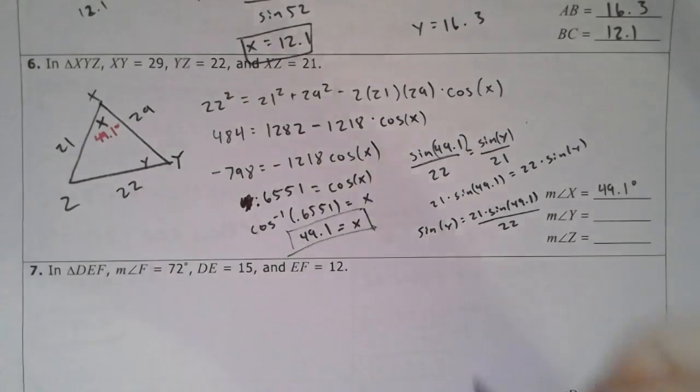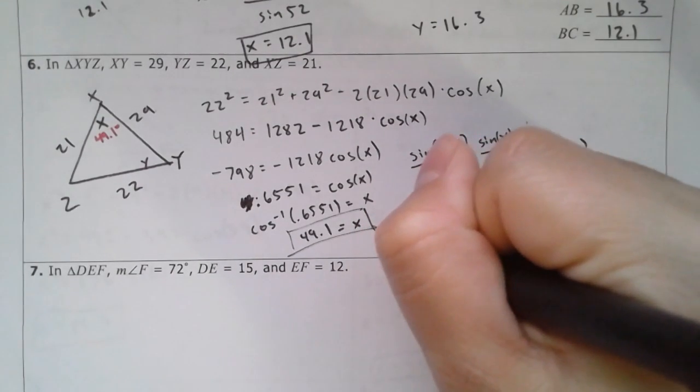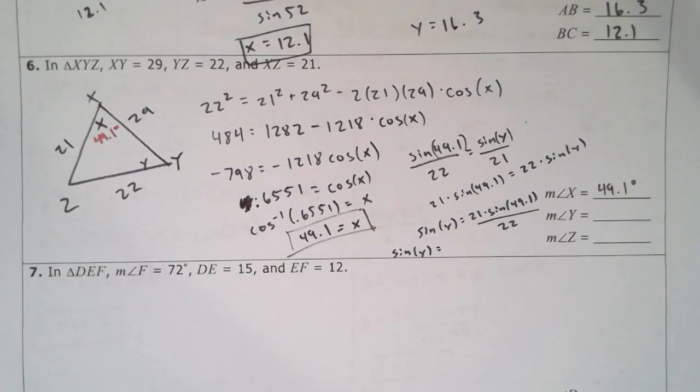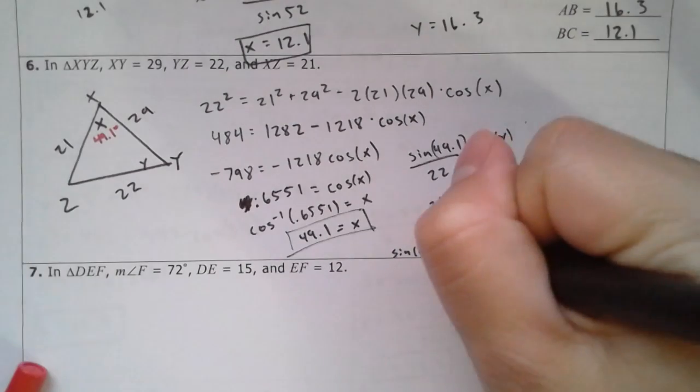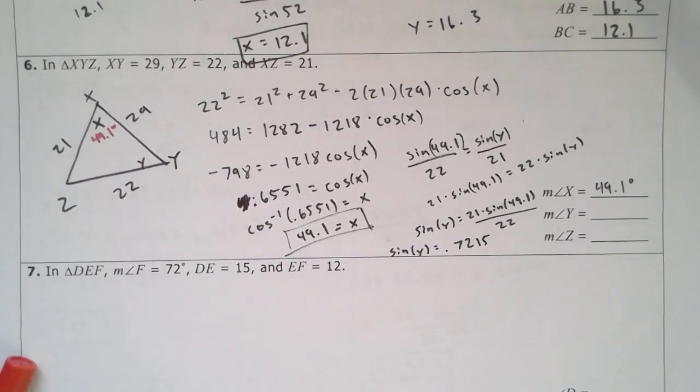So I'm getting sine of y is equal to, I made a mistake in this one too in my side notes, so this is going to take a few seconds here. Let's see. I'm getting 0.7215, and then you take the inverse sine.